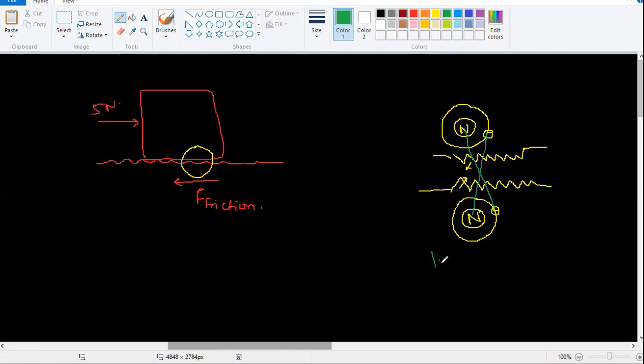And this is what we call interatomic forces of attraction. Or if you consider molecules, you can also call it intermolecular forces of attraction.